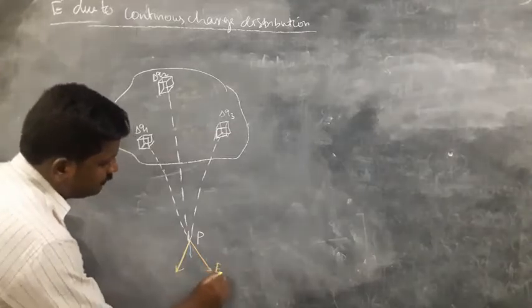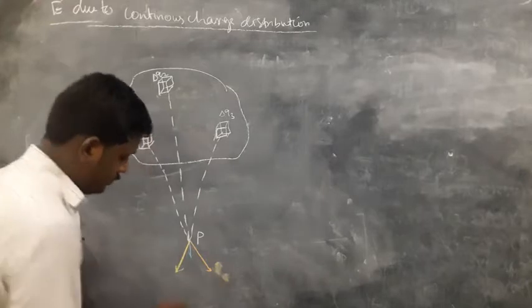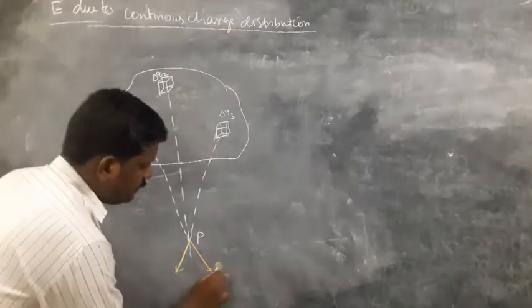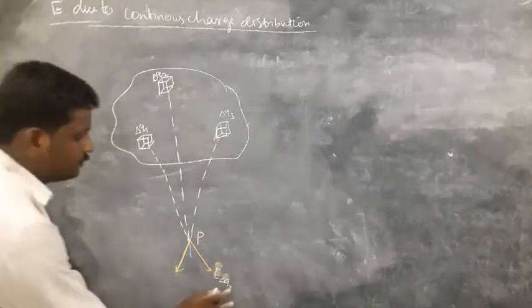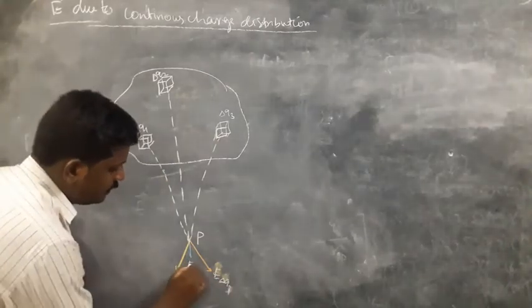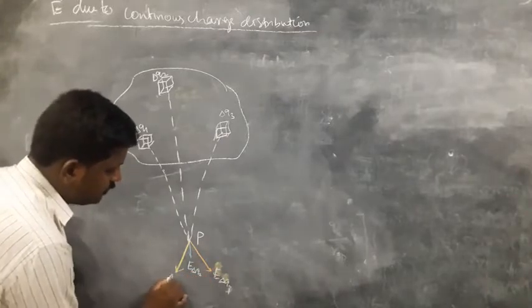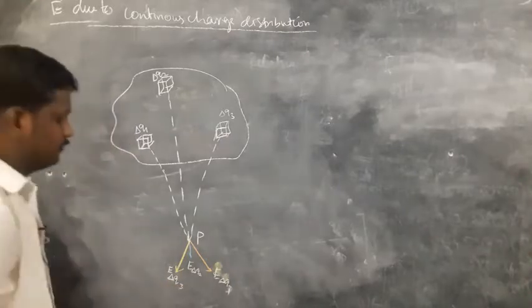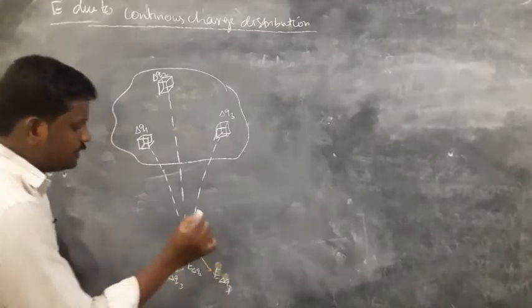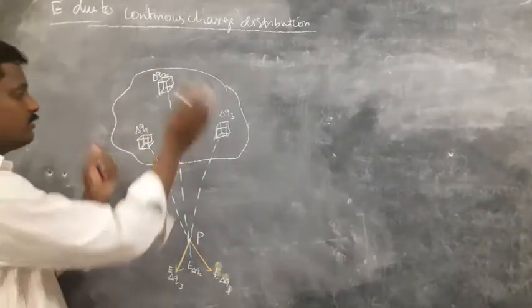So this one is E, this one is E delta Q1, this one E delta Q2, this one E delta Q3. So that is the electric field due to these three elements. What is the total electric field due to the system of charges?